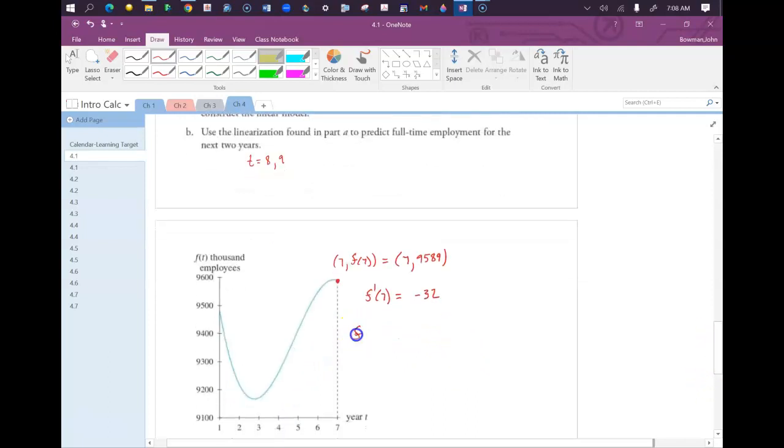So FL of x is going to be negative 32 times x minus 7 plus 9,589. So that's the equation of our tangent line.